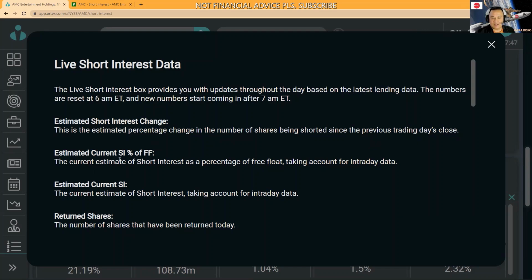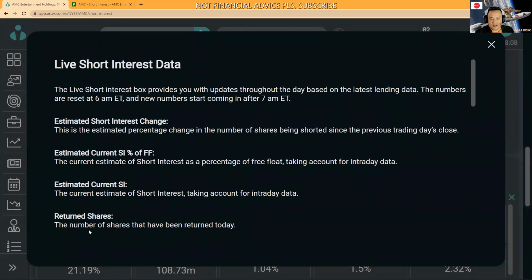Estimated current short interest of free float: the current estimate of short interest as a percentage of free float, taking into account intra-day data. Estimated current SI: the current estimate of short interest taking into account intra-day data.